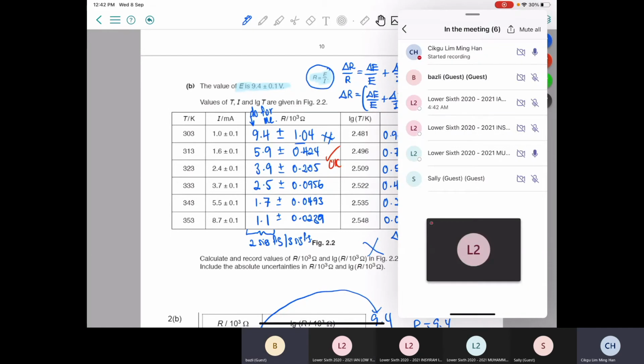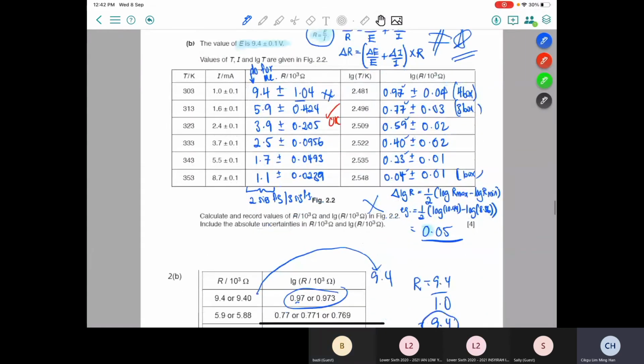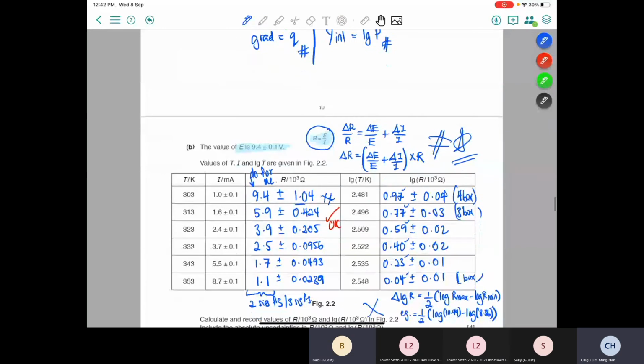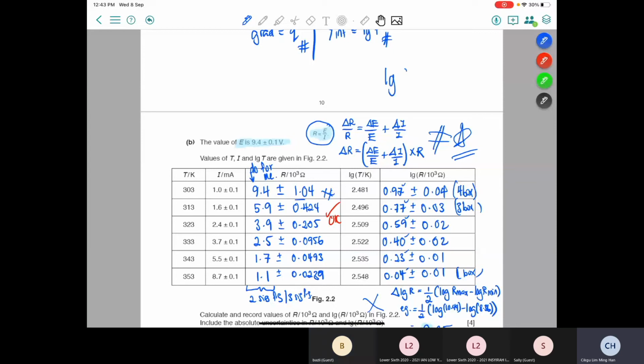I want to know how to find the log R. Which one? The table at the very end. How did you find that 0.97? Is it this? You put log 9.4. Log 9.4. Just one, sir. Oh, about the log. The log R, and then it is 10 to the power of 3, so you just put the value 9.4 only. And the table beside it, the 2.481, what is that for?